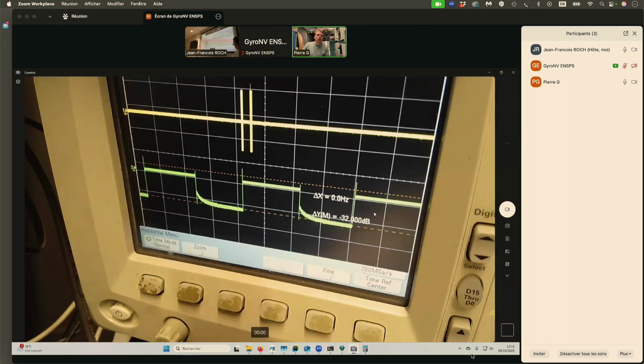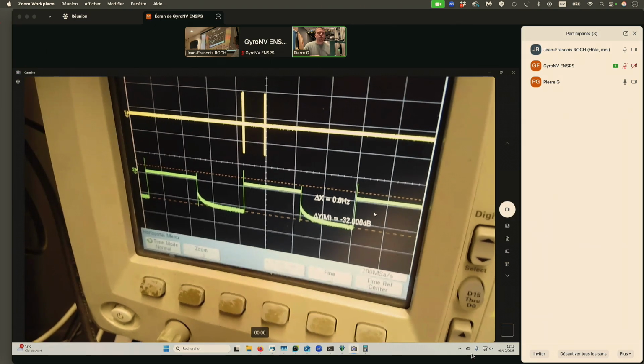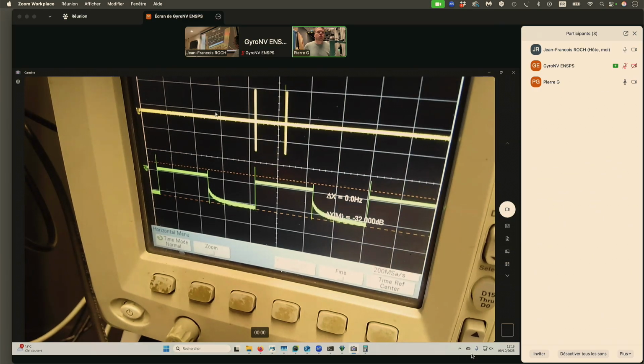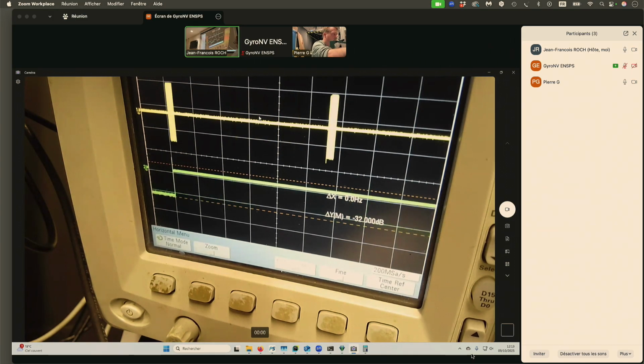Okay, so let's go back to the oscilloscope. Now what I'm sending to the antenna, as you can see, yeah, tell me, Jean-François. So you have a first pi over 2 pulse, that's it? Here? Yeah.